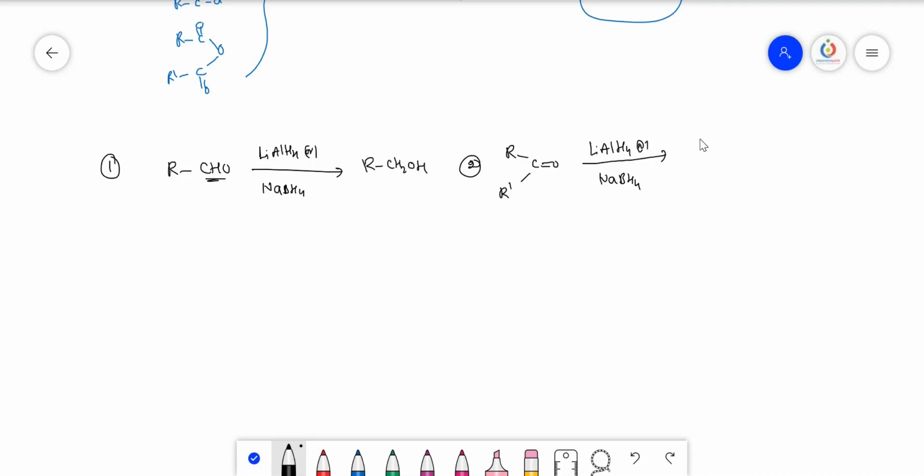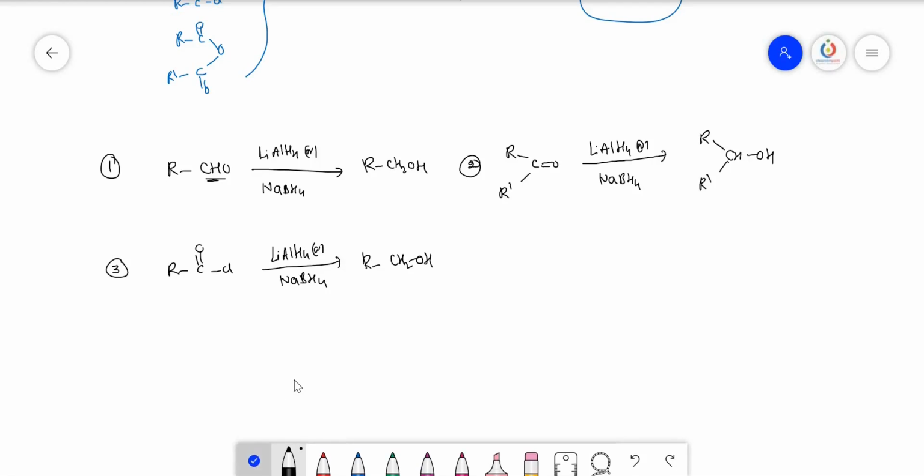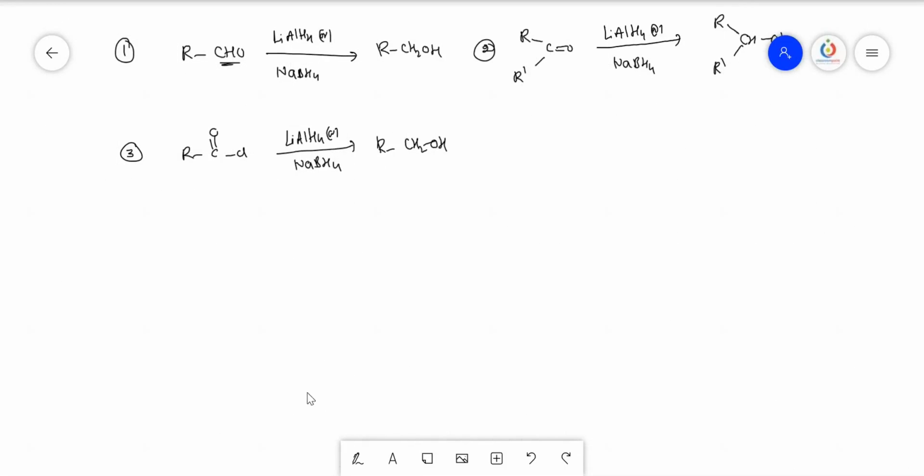Both will reduce this keto group to the respective secondary alcohol. And the third one, let us take the acid chloride, CH3COCl. Here also you can use lithium aluminum hydride or sodium borohydride, which will reduce this acid halide to the respective alcohol. So up to here everything is the same, but from now onwards the combination changes.